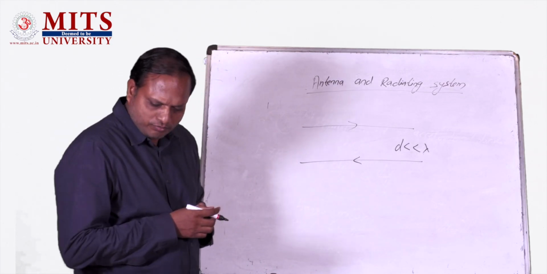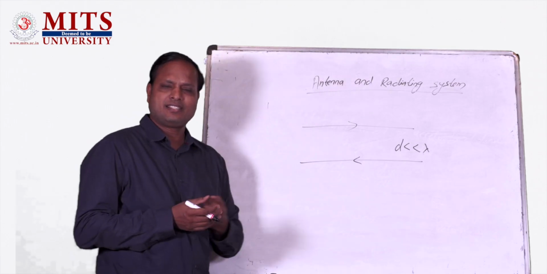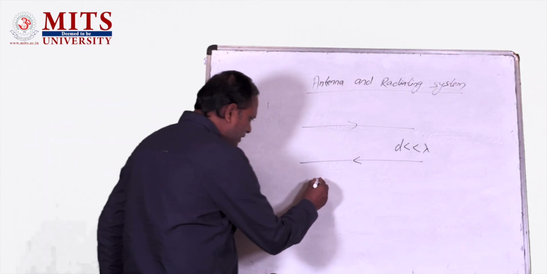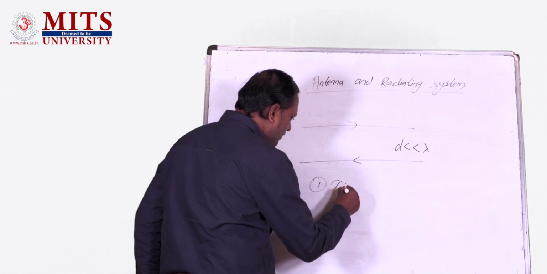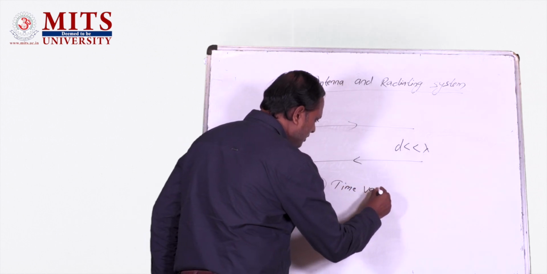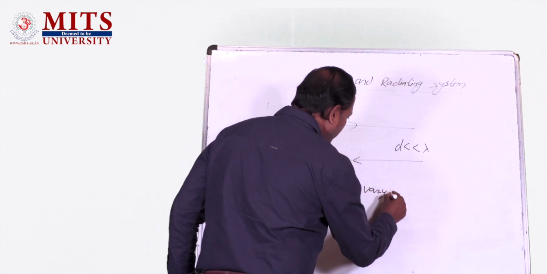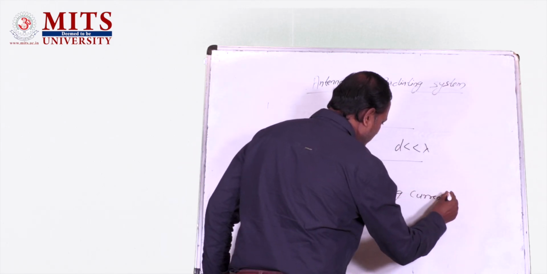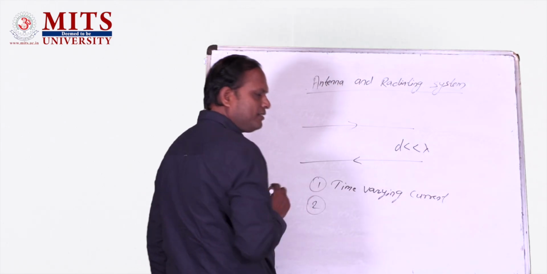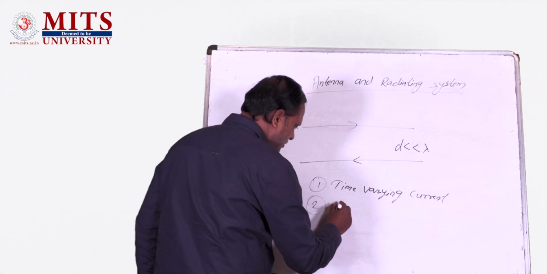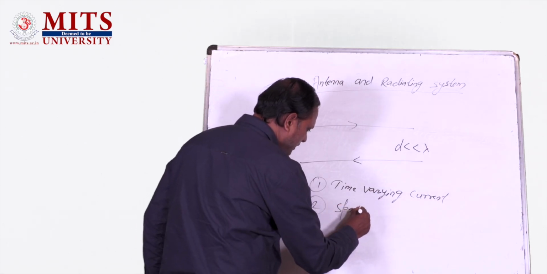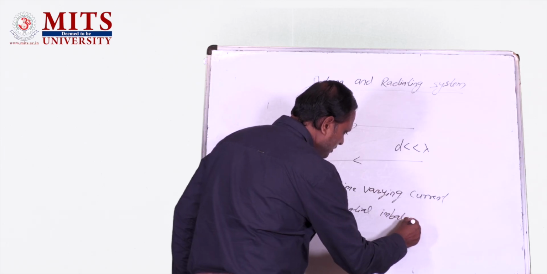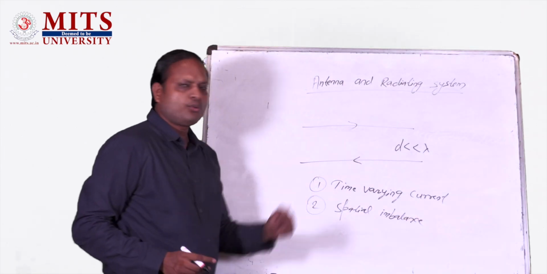So to have radiation, two things must be there. First point is time varying current, and second point is spatial imbalance between these two conductors.